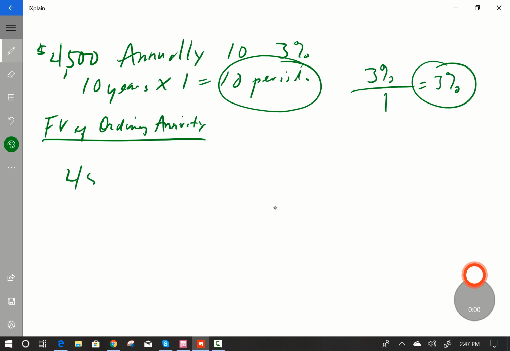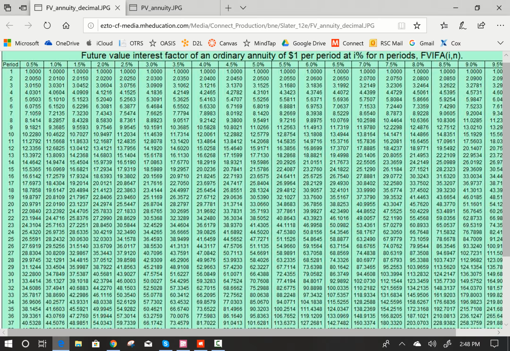So I'm going to take 4,500 and multiply that times the corresponding factor between 10 periods and 3% on an ordinary annuity chart. Just taking a look at the charts, here's the future value of an ordinary annuity of $1 per period of interest for a certain number of periods. So if I use the coordinates of 10 periods and 3%, that's going to take me to 11.4639.